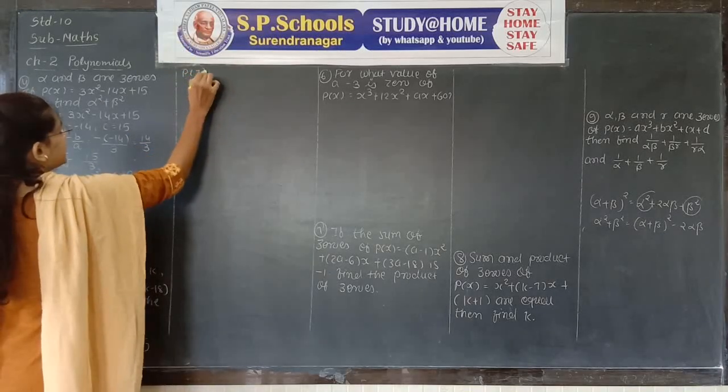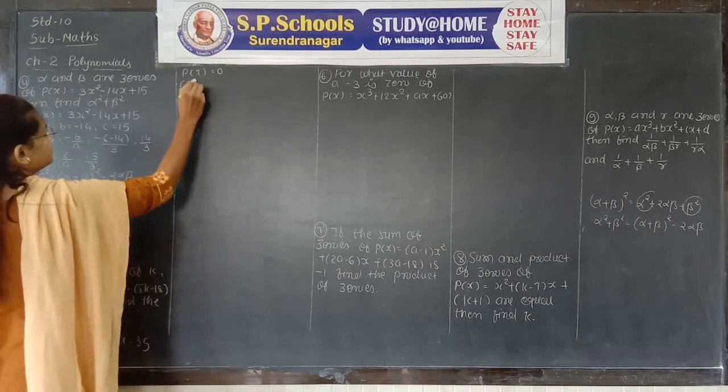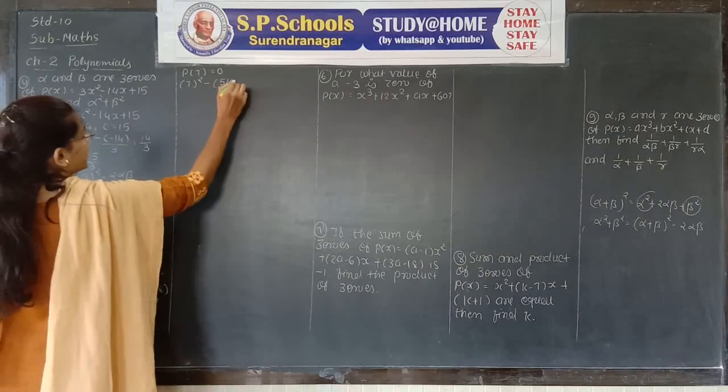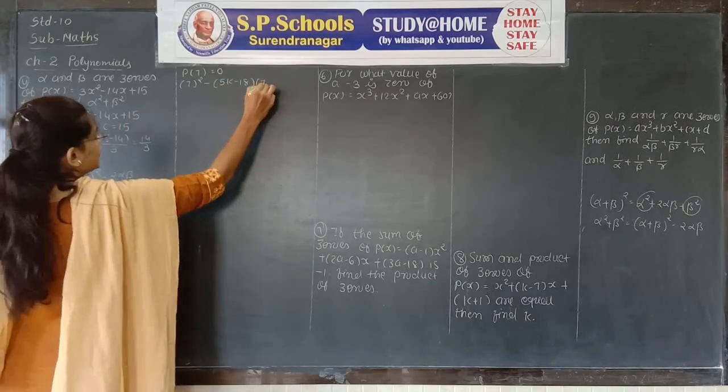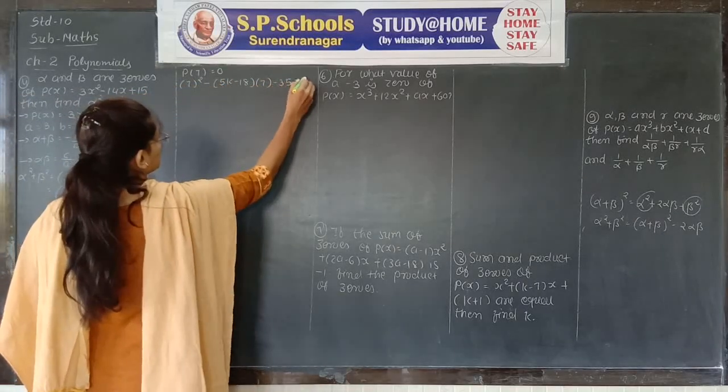P of 7 is equal to 0. Square of 7 minus 5k minus 18, instead of x is 7, minus 35 is equal to 0.